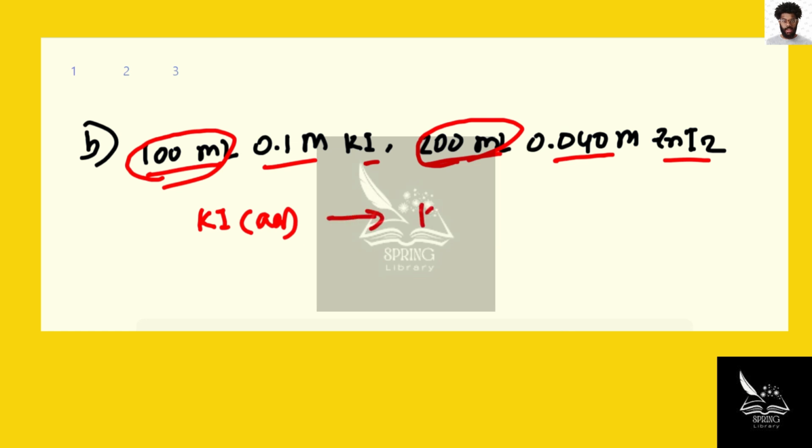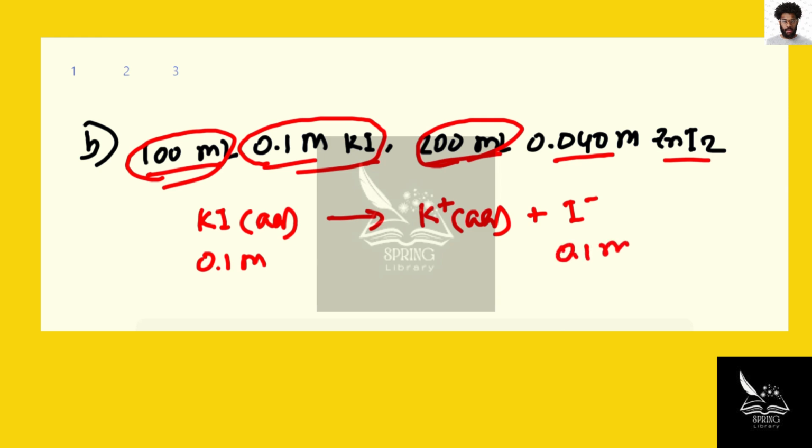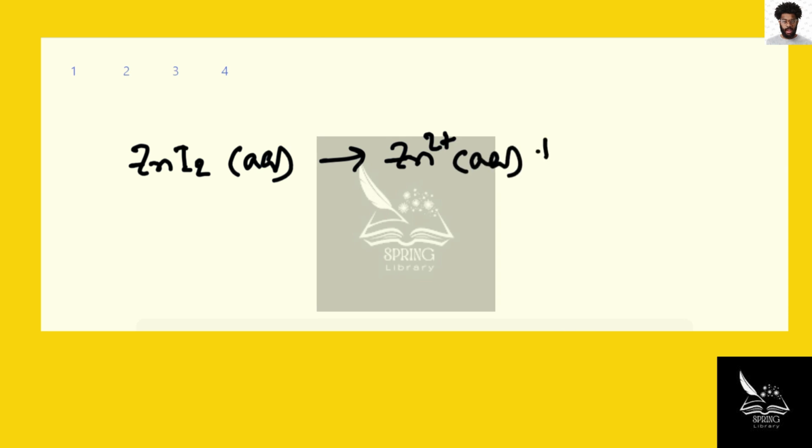All right, so KI will be dissociated as K plus and I minus. So that means from 0.1 molar KI we will have 0.1 molar iodide. And in case of zinc iodide, it will be dissociated to give us Zn2 plus ion and 2 iodide ion.